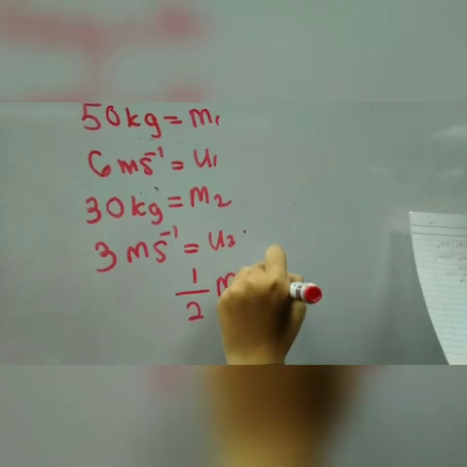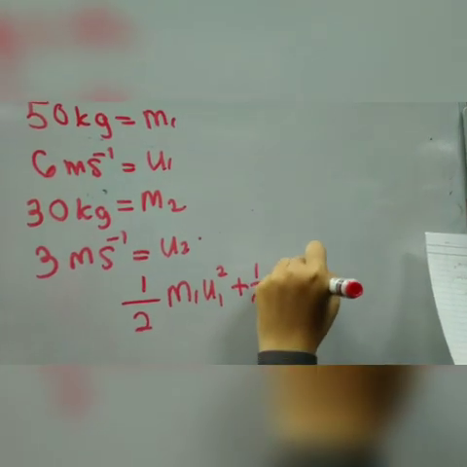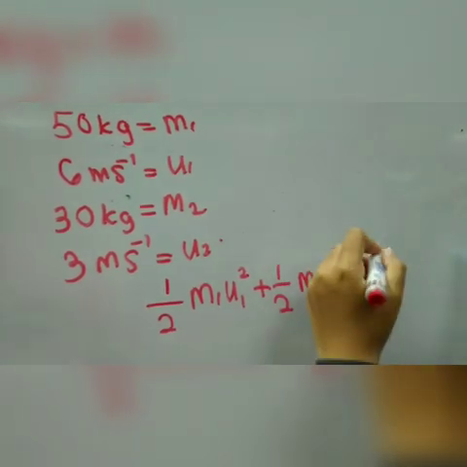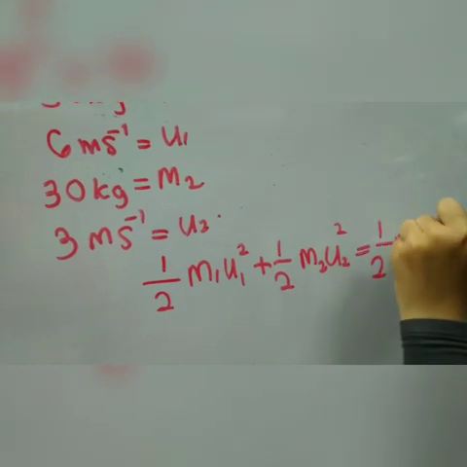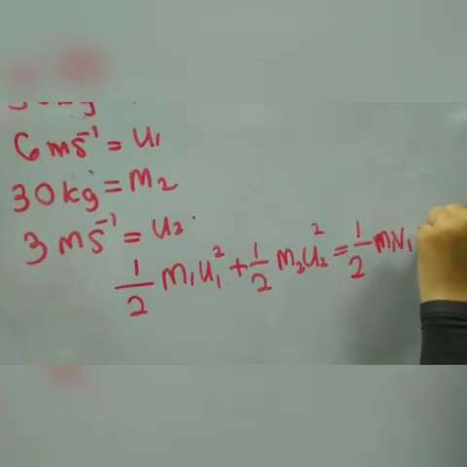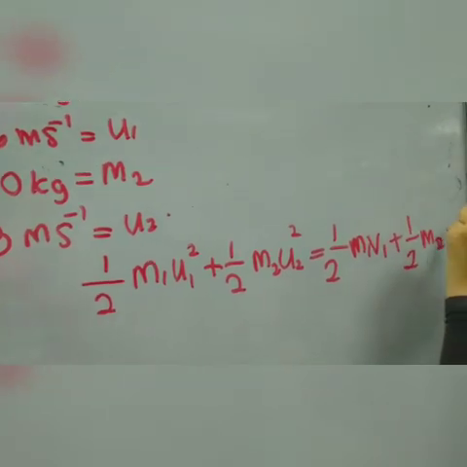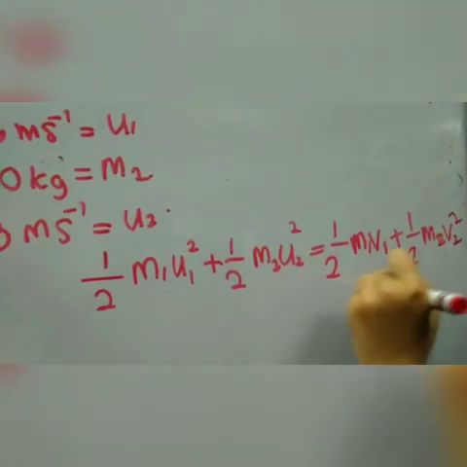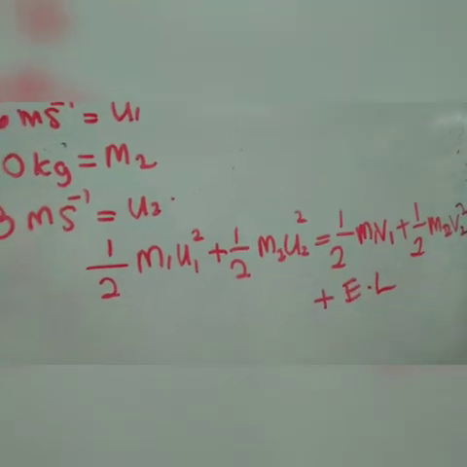1/2 m1 u1 square plus 1/2 m2 u2 square equals 1/2 m1 v1 square plus 1/2 m2 v2 square plus energy loss.